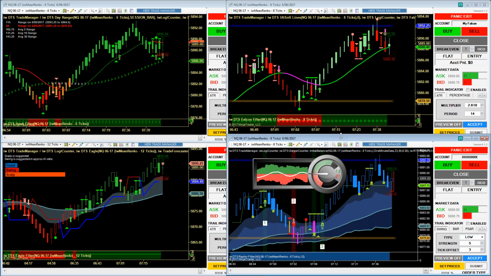There's nothing going on here. Oh my gosh. Just dead flat sideways. Here's what I think we're going to see: a retest of the high, one more push, and then a failure.